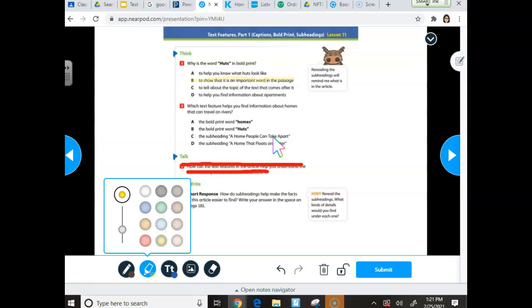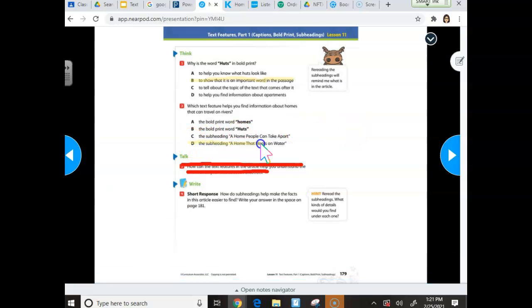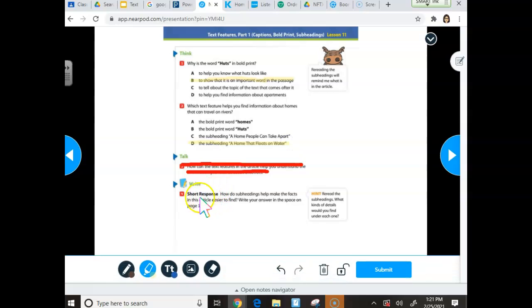No, doesn't make me think about the river. What about a home that floats on water? Does that make you think about the river? Yes, because the river is made of what, guys? Water. So it's D. It's D.